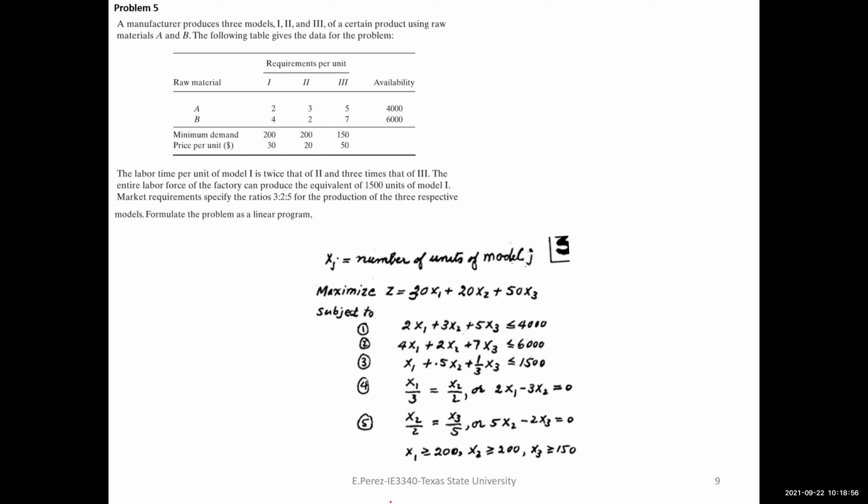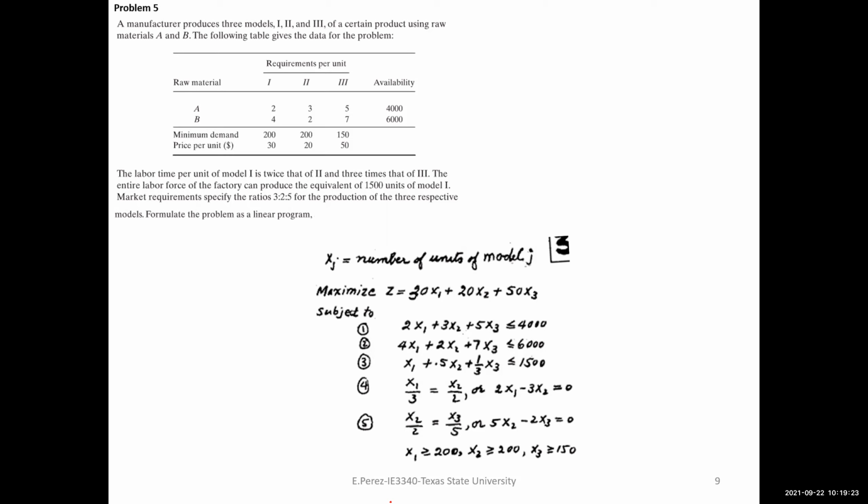So we don't have information about the cost. The labor time per unit of Model 1 is twice that of 2 and 3 times that of 3. The total labor force of the factory can produce an equivalent of 1,500 units of Model 1. Market requirements specify the ratios 3 to 5 for the production of the 3 respective models.